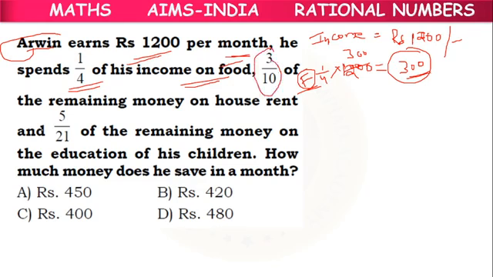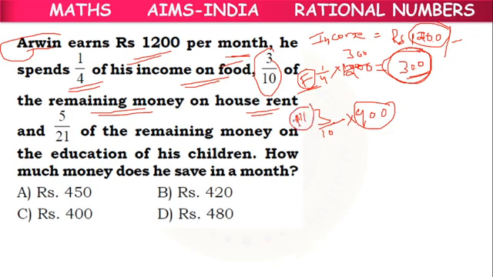Then 3 by 10 of the remaining money on house rent. So how much money is remaining? Out of 1200, 300 he spent for food. So 900 is remaining. From this remaining money, 3 by 10 of 900 he is spending for house rent.